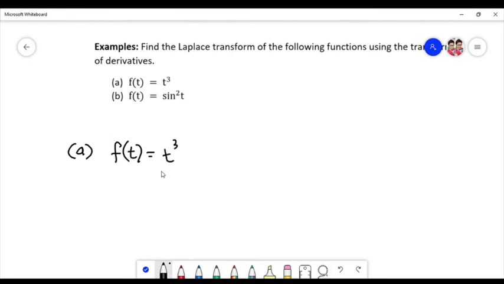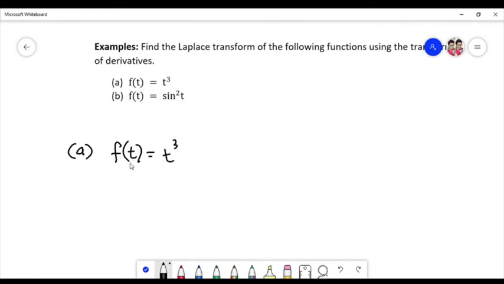There is actually no rule on the number of derivatives that you should take, we just make sure that the highest order derivative can be solved using simple formulas for the Laplace transform. Although we can already get the Laplace transform of t cubed directly, this first example is for illustration purposes only.